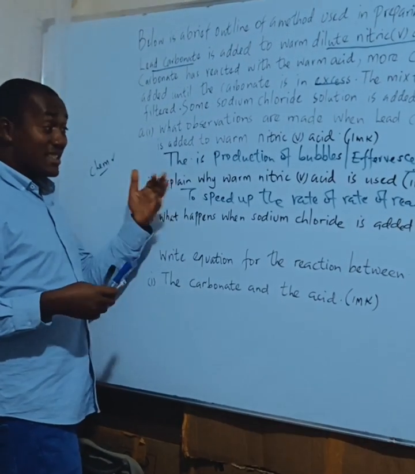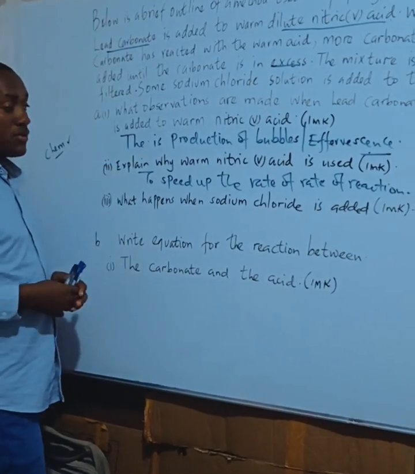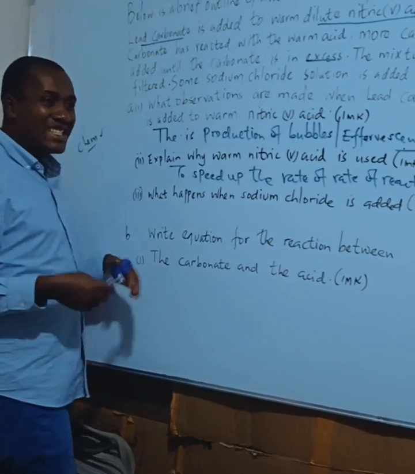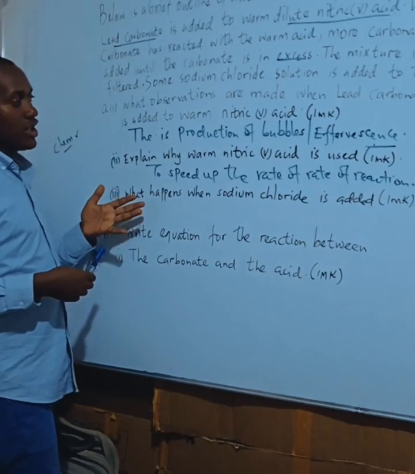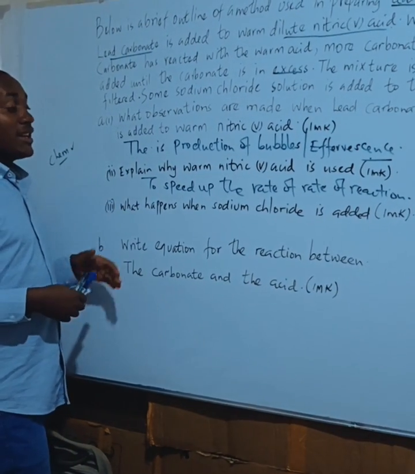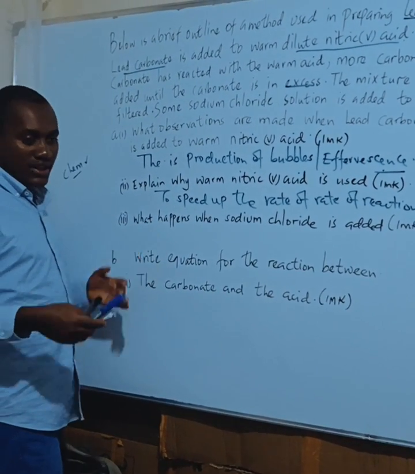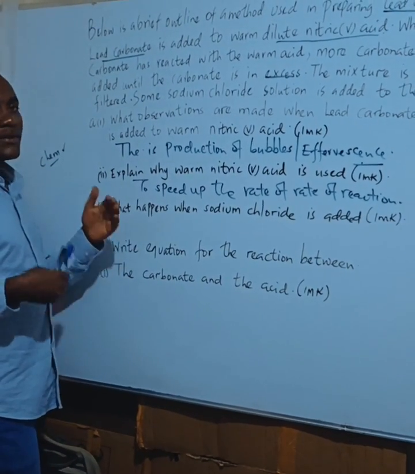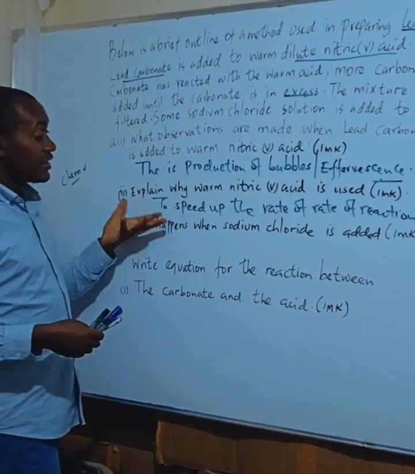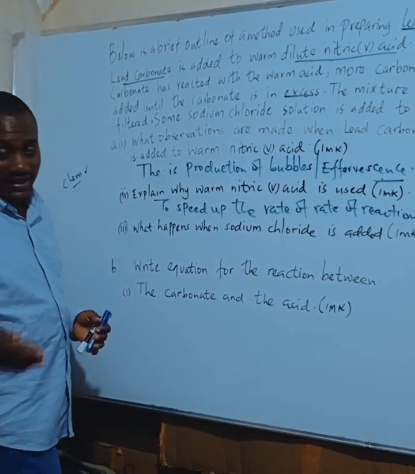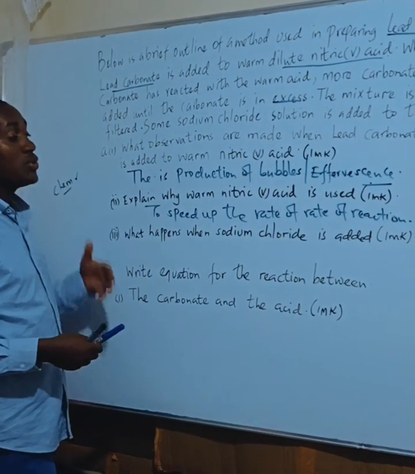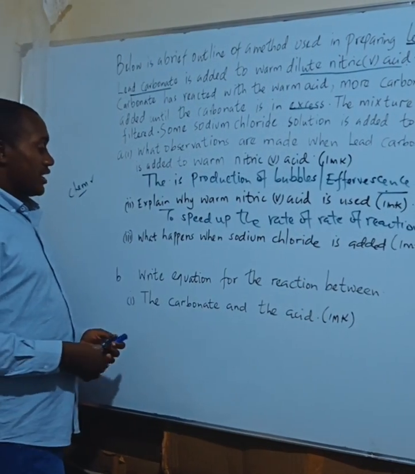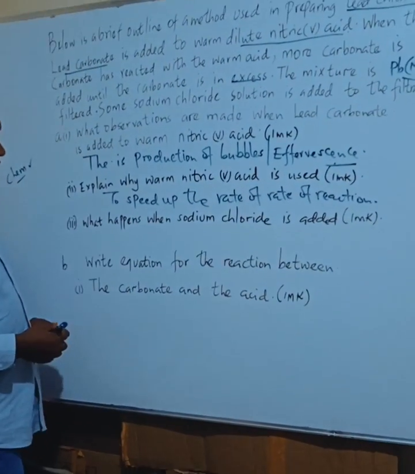Because when you increase temperature, as we will see in Form 4, you increase the kinetic energy of particles, which are the carbonate and the acid, making them collide more vigorously and frequently, hence a fruitful reaction. So the essence of warming the dilute nitric acid is to increase the rate of reaction. That is why we use warm dilute nitric acid.